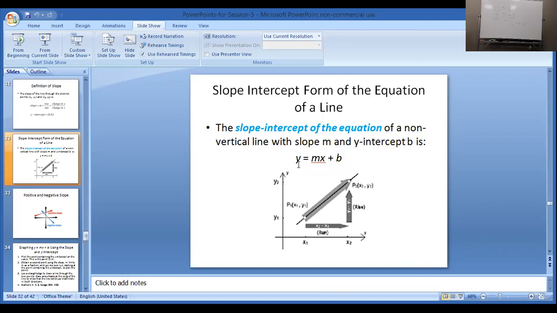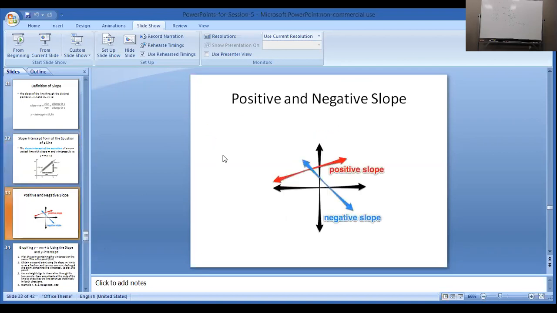But when you have the slope-intercept equation, y is equal to slope times x plus b, and b is the y-intercept. b is the point where this line intercepts the y-axis. And if it's positive, it goes up. If it's negative, it goes down.